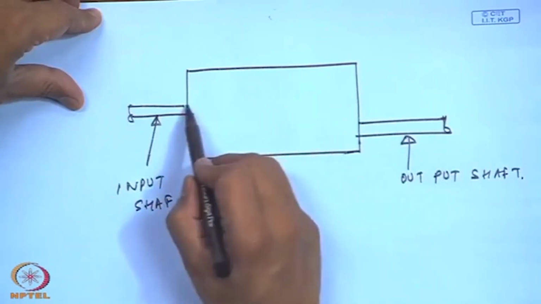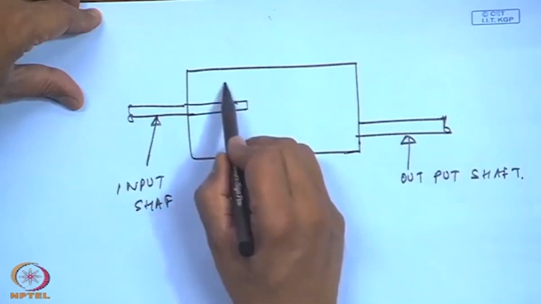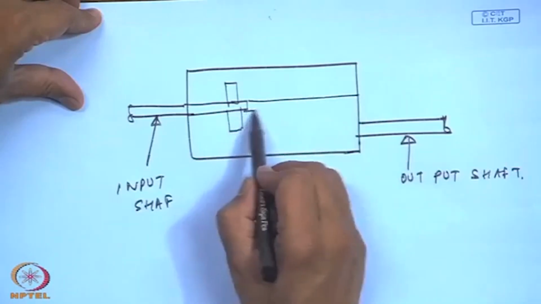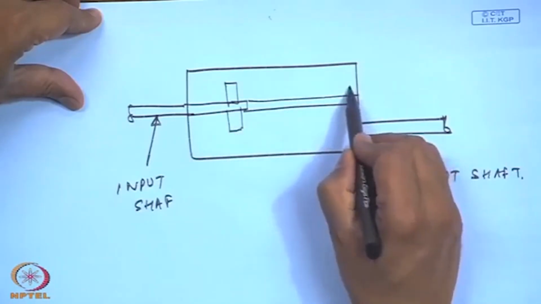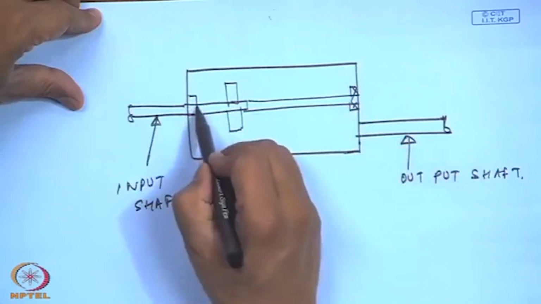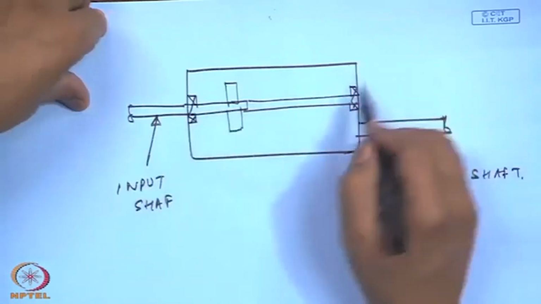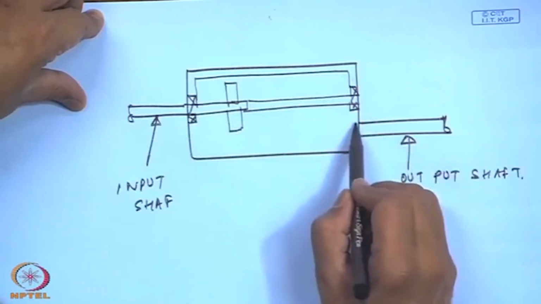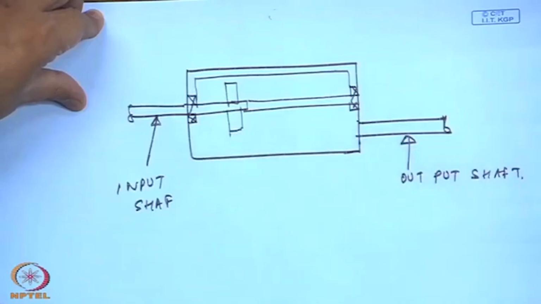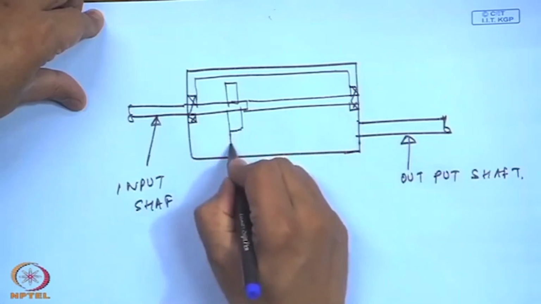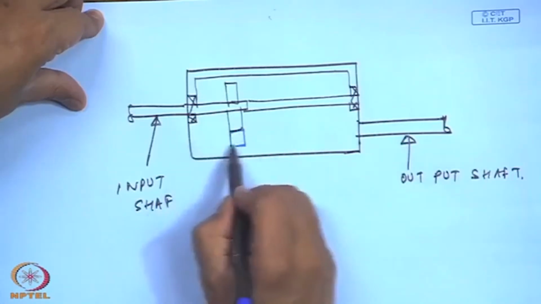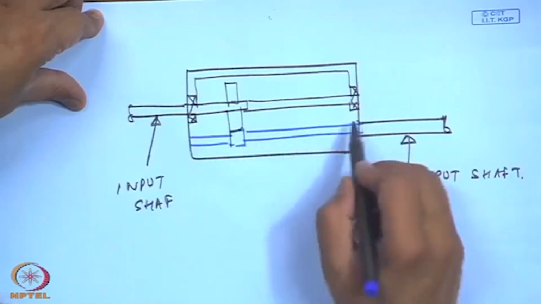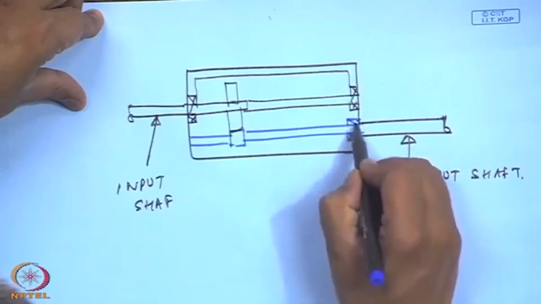and on these shafts there are gears mounted, and these shafts of course will not be in the air. So, they will be mounted on bearings and they are put on a casing. This shaft maybe has another gear, and this is also another shaft, which is put on a bearing here.